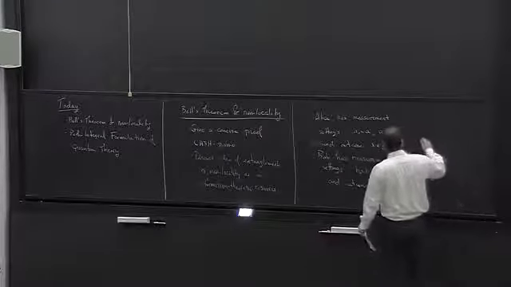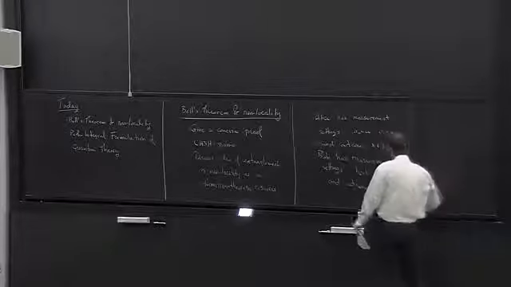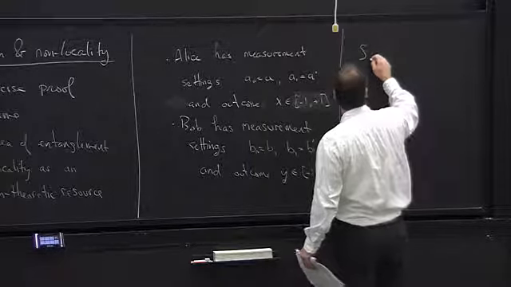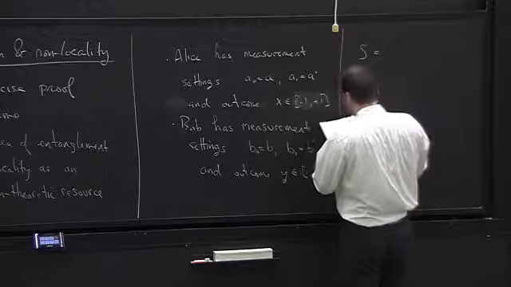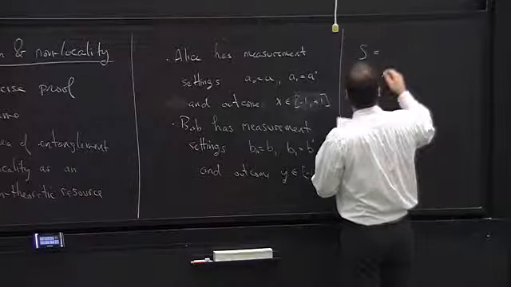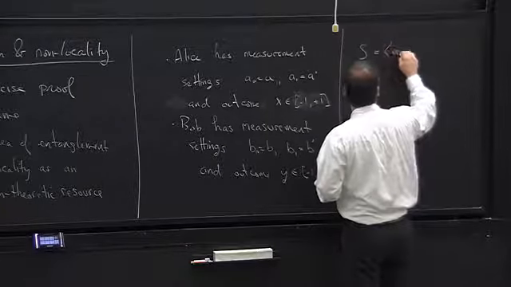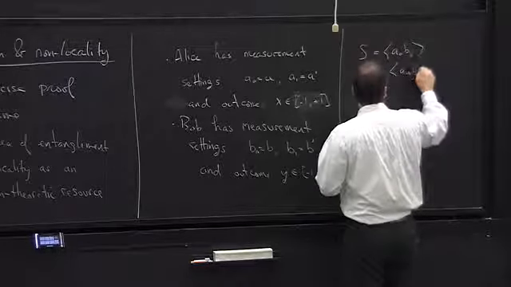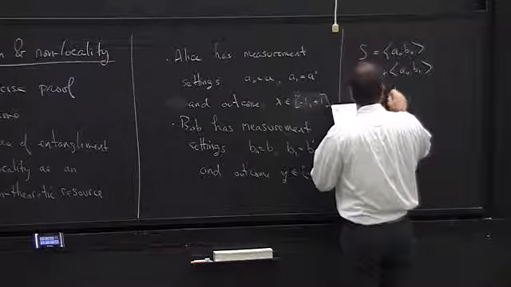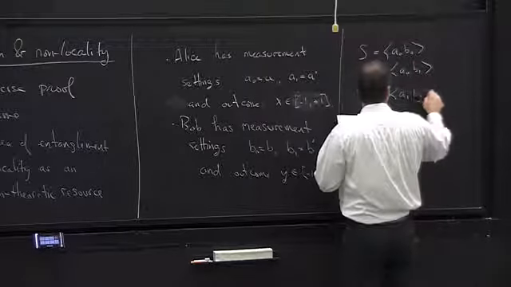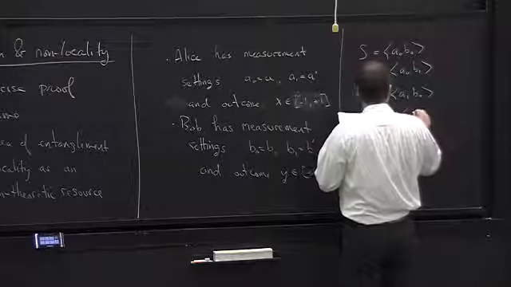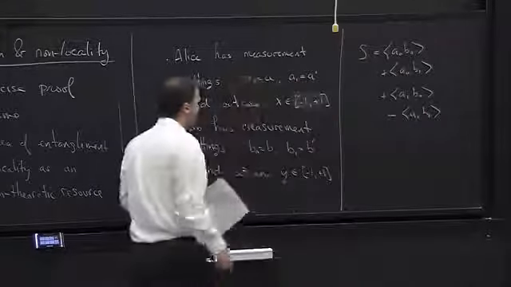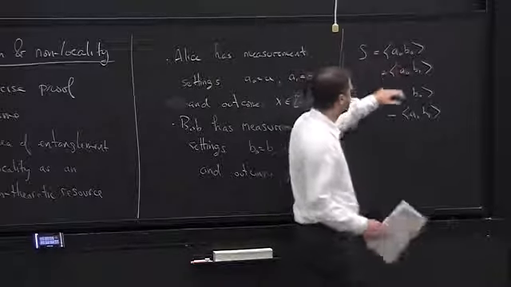Now what we're interested in is a quantity S, which we define as the expectation of A0B0 plus A0B1 plus A1B0 minus A1B1. So we defined what these expectations meant experimentally.